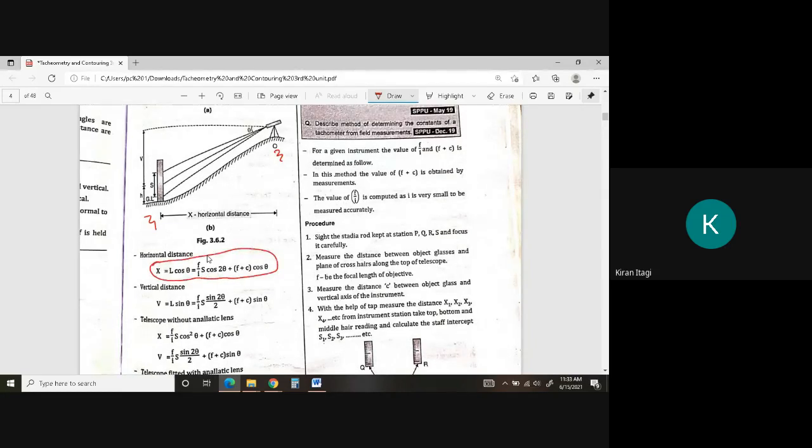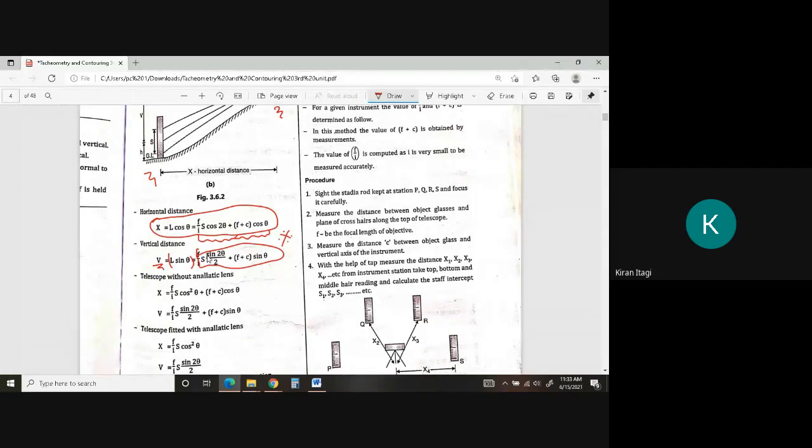x equals f upon i s cos 2 theta plus f plus c cos theta. If you want the vertical distance, it is given by v equals f upon i into s sin 2 theta upon 2 plus f plus c sin theta. Remember this formula. 100% he will ask it in the MCQs.